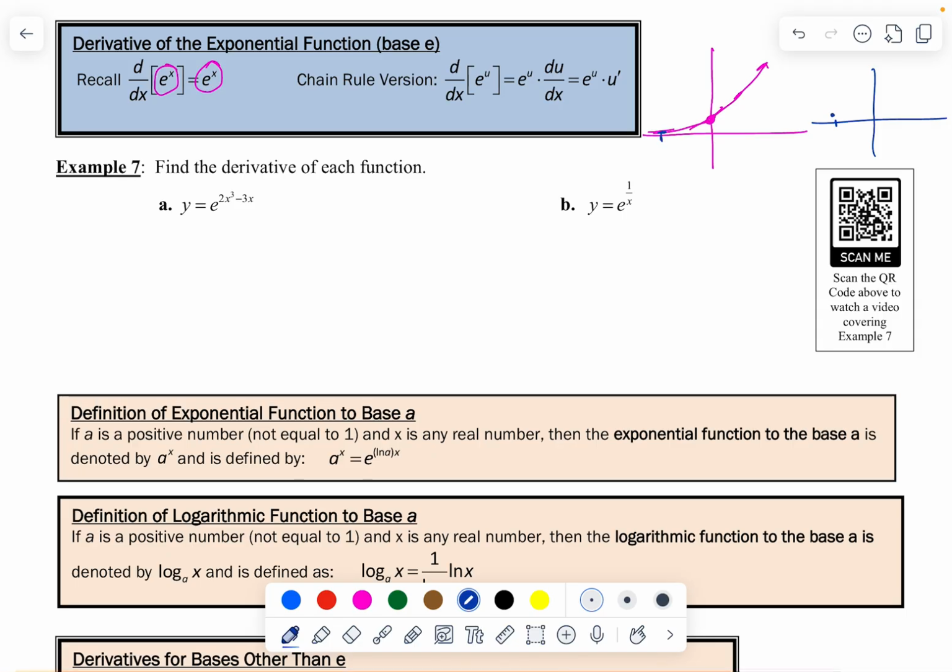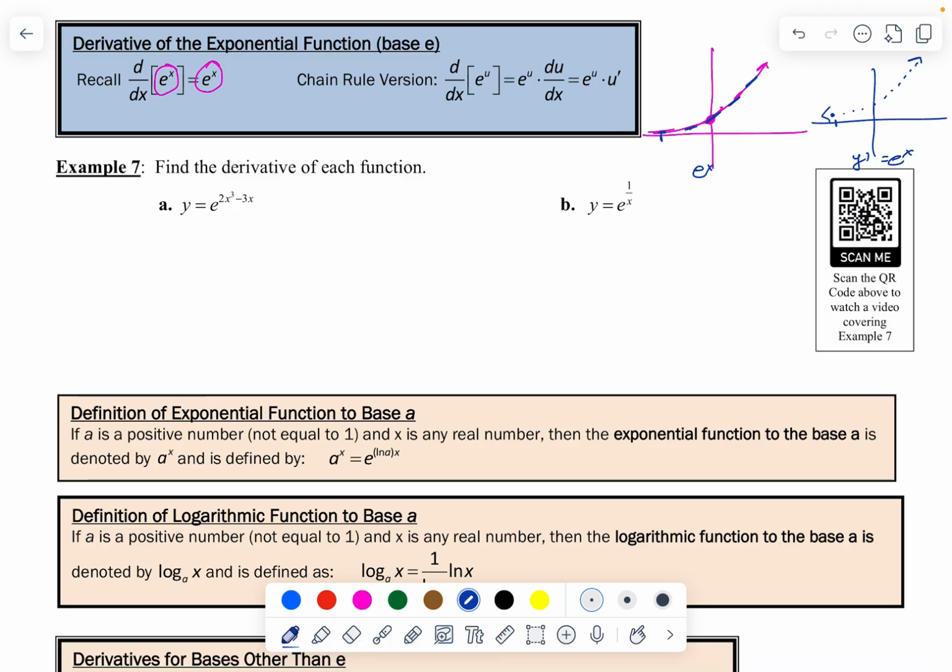At this point right here, it is increasing. If you think of just the slopes at each point, they are increasing little by little. So the graph of the function e to the x is equivalent to the graph of y prime. And that's why the function e to the x is the same as its derivative.